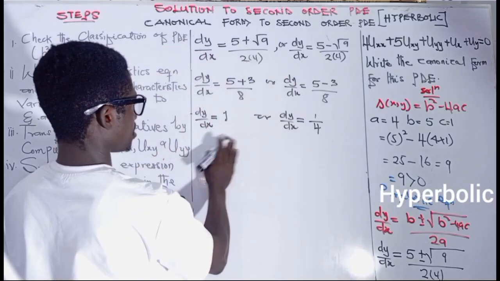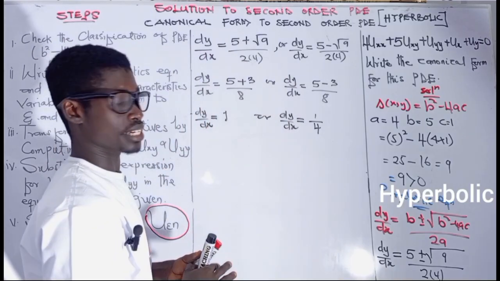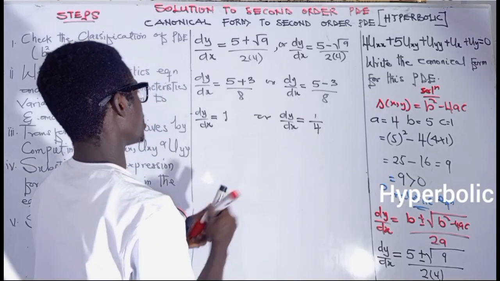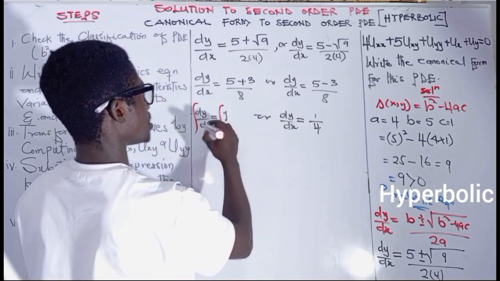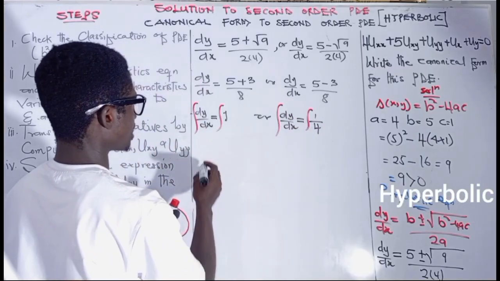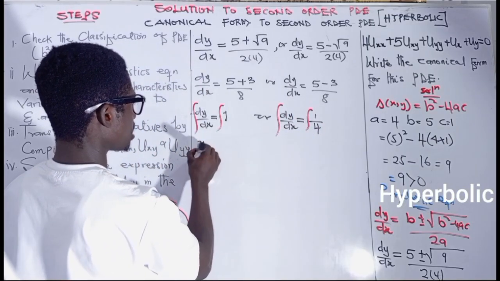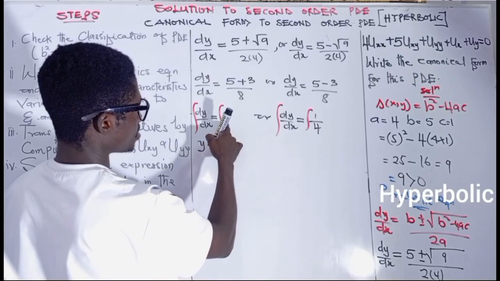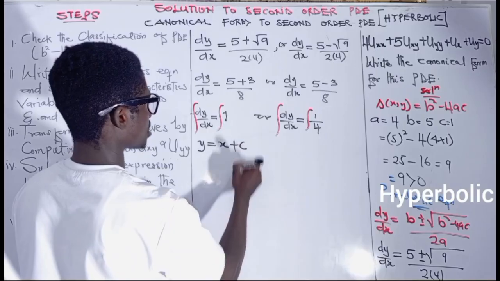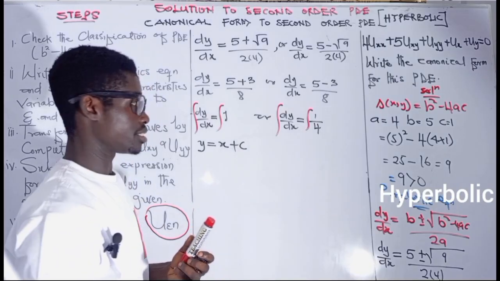So from here, we are going to integrate both sides, right? So that we solve for the characteristics variable. We are going to integrate both sides. So we have this and that. Then we have this and that. When we integrate dy, we are going to get y. Then integrating 1 with respect to x, we have x plus the constant c, which is the constant of integration.